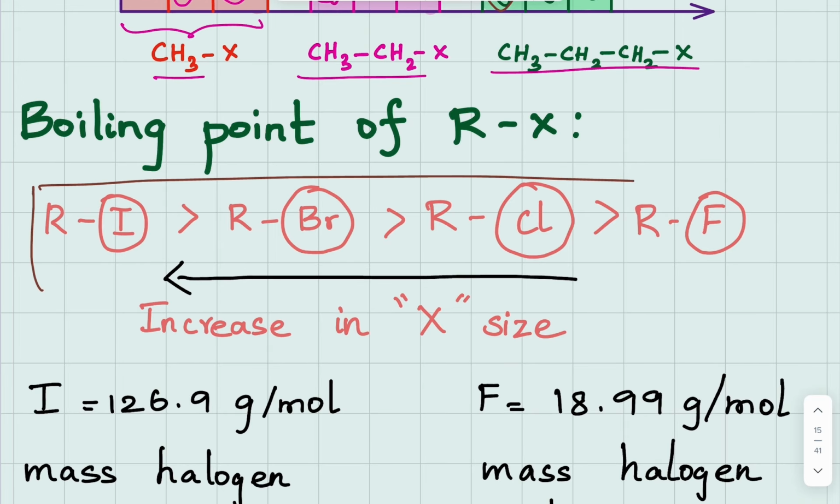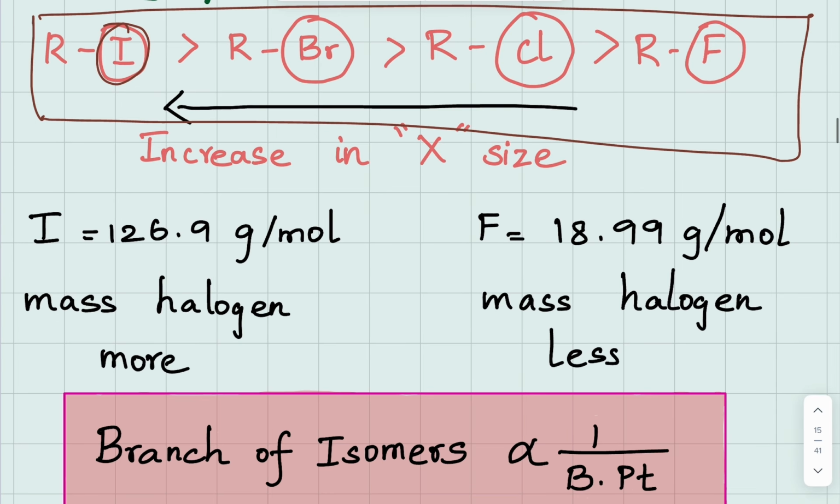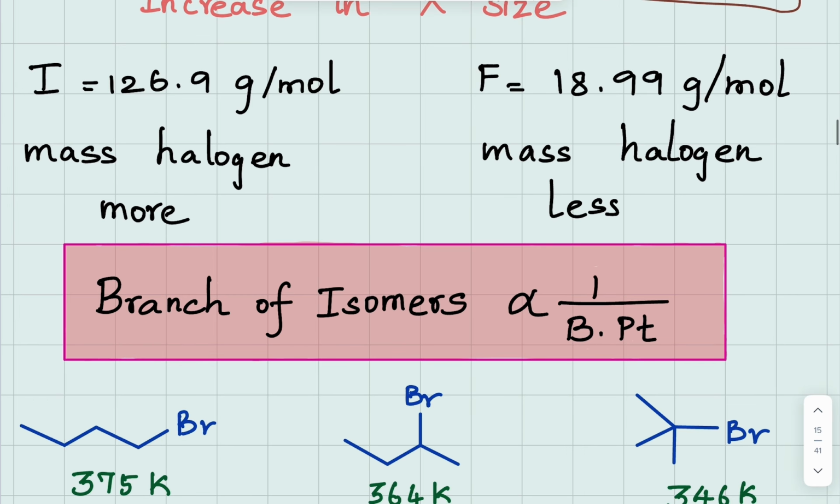This is the idea of how the boiling point increases in alkyl halides. Among the alkyl halides, alkyl iodides have the higher boiling points. The reason is their higher molar mass. Iodine is 126.9 grams per mole, and fluorine is approximately 19.